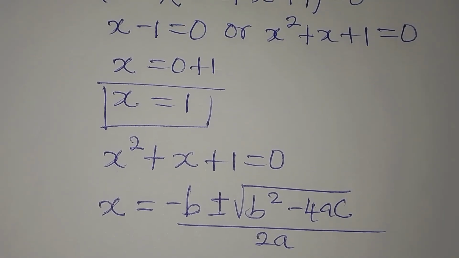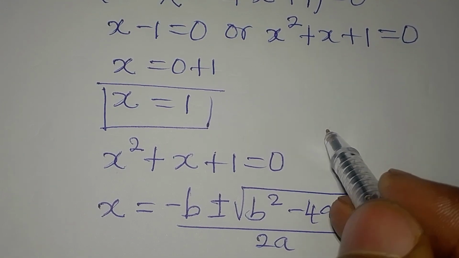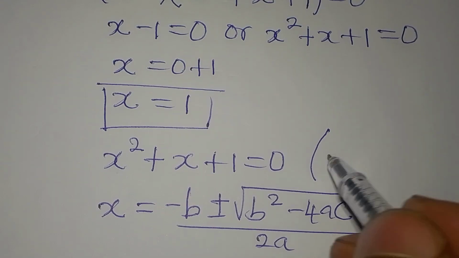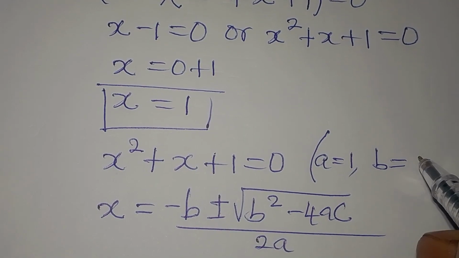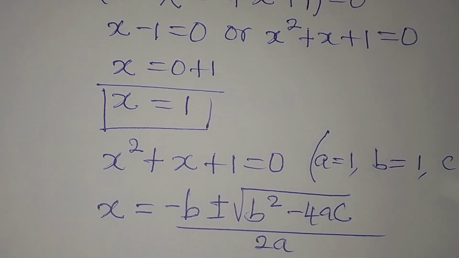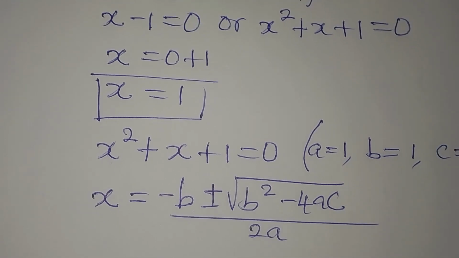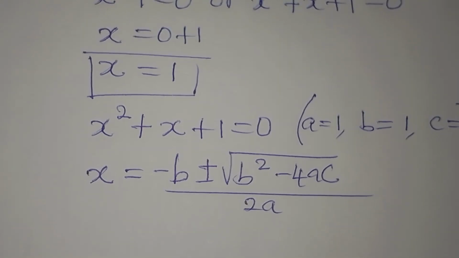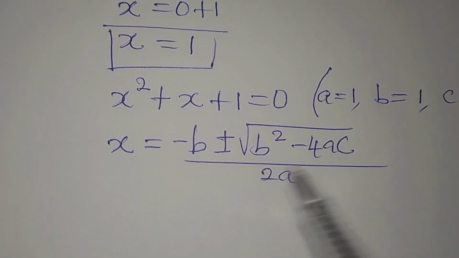So the next thing is for you to identify your a, b, c. Let me do that here. From here, our a is 1, our b is 1, and our c is also 1. Wow, a, b, c, everything is equal to 1. So let's continue. We're going to put all of them into this.